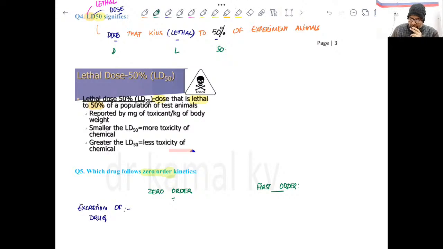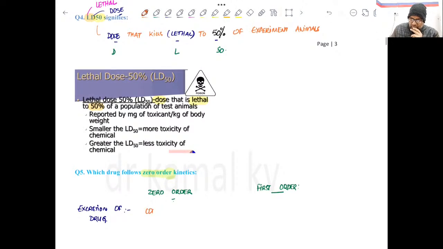Here in zero order, a constant amount is excreted, right? So constant amount is excreted. And in first order, a constant fraction is excreted.